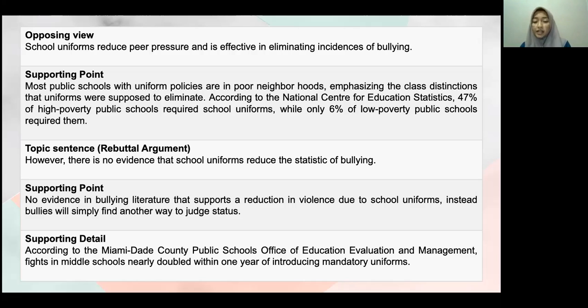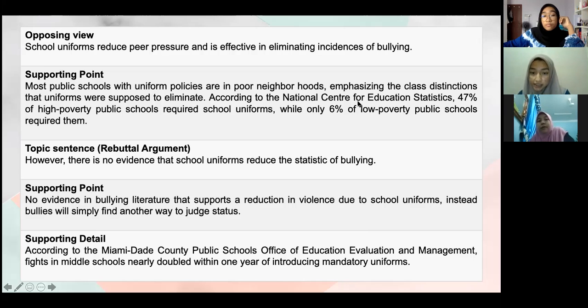For the topic sentence, it states, however, there is no evidence that school uniforms reduce the statistics of bullying. So we have to find the supporting point. From excerpt 1, we found that the supporting point is no evidence in bullying literature supports a reduction in violence due to school uniforms. Instead, bullies will simply find another way to judge status.